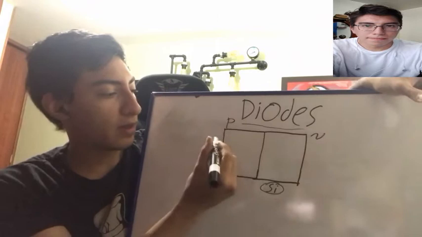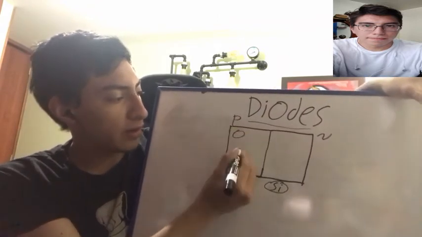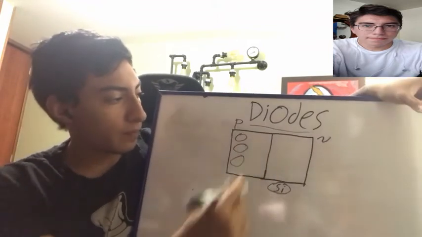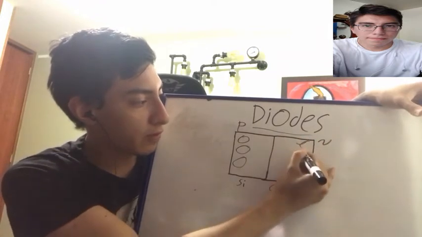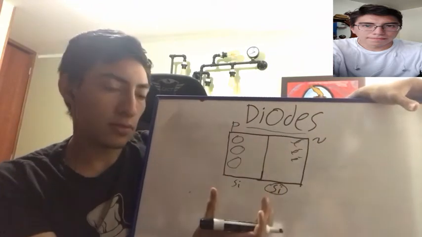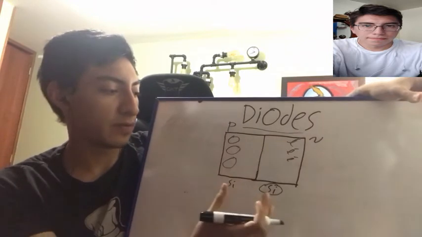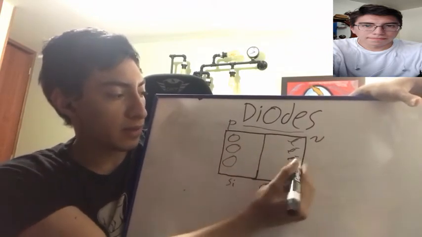In the case of the P region, this will have a lack of electrons, and on the contrary, the N zone will have an excess of electrons. When these two, in the first instance neutral, pieces of silicon are attached, they interact with each other.